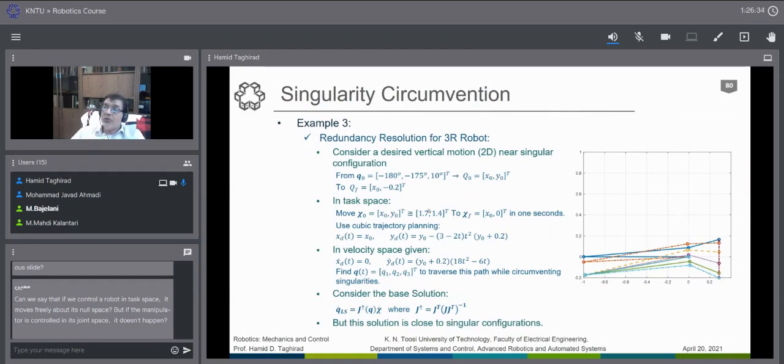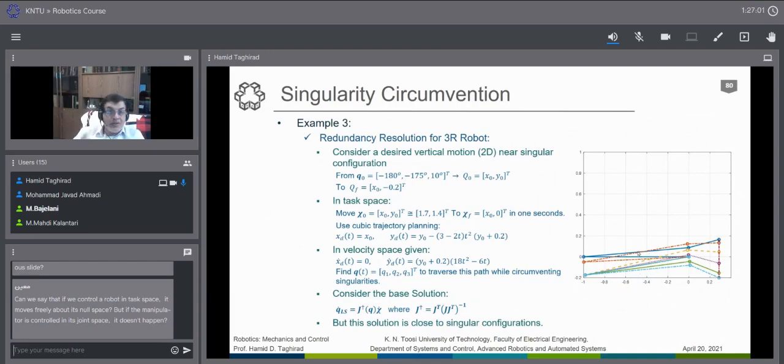We have the same old problem, but just changing the motion to a place where the robot is in a singular configuration. And if you use the pseudo-inverse solution, it gives you a very simple, slow, or easy motion for the robot, but very close to singularity.